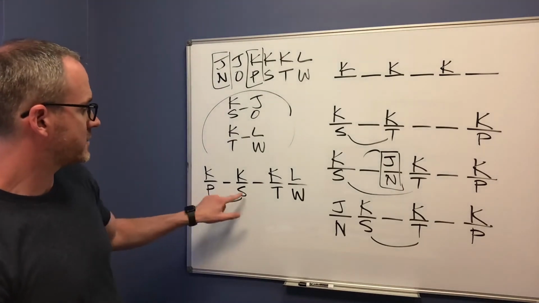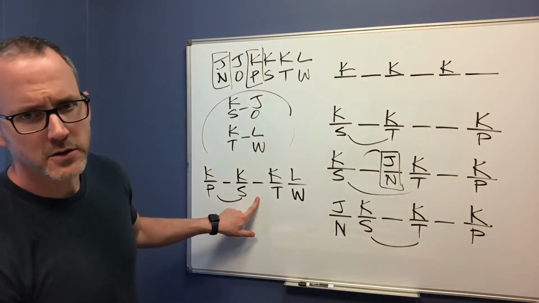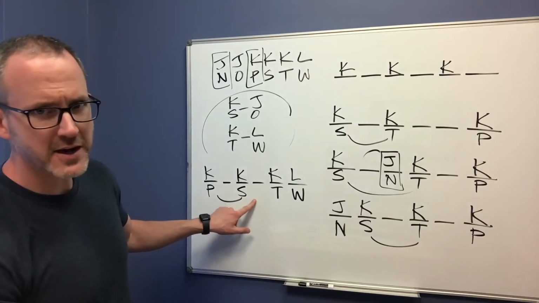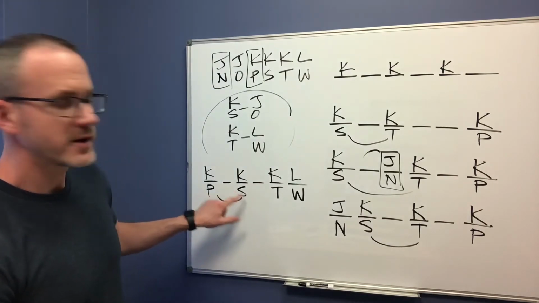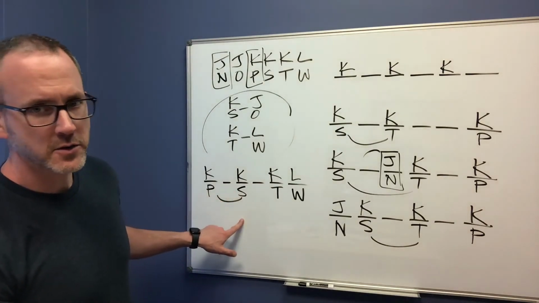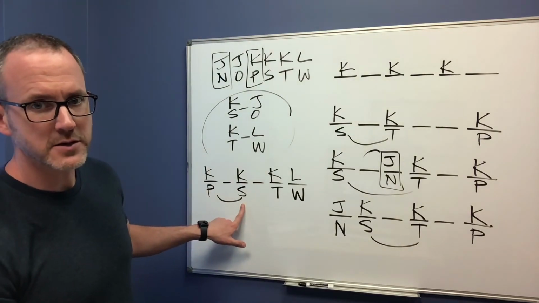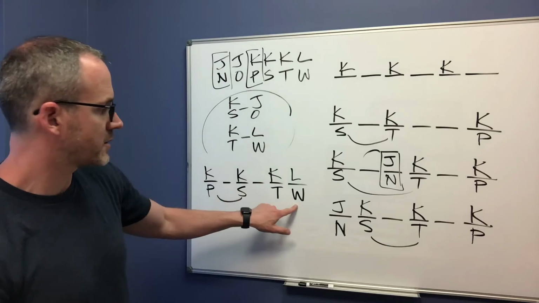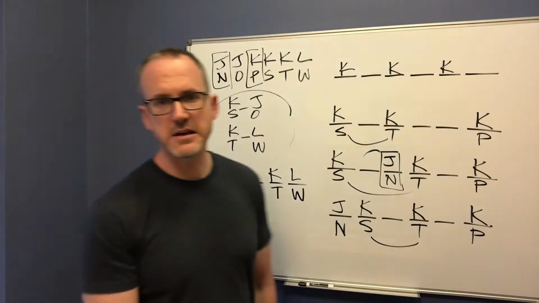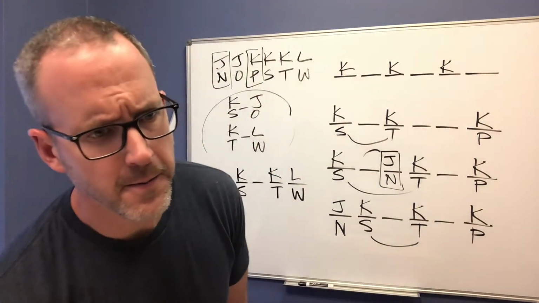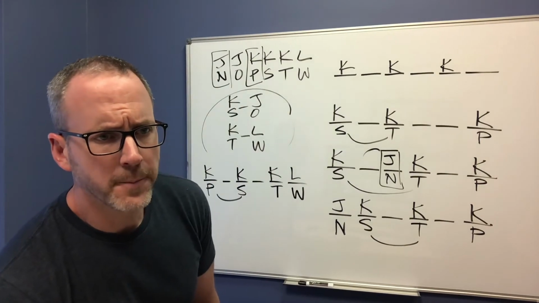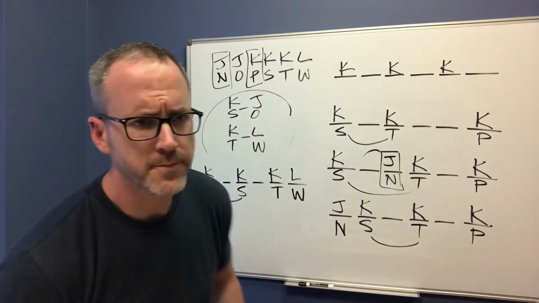No, because P has to be in one of these two. Could S be second? No. Has to be first or third. Could it be third? Yeah, it looks like it could be. So D is probably the answer. E, W is second. No, W is last. So it's definitely D for question 7. Okay.